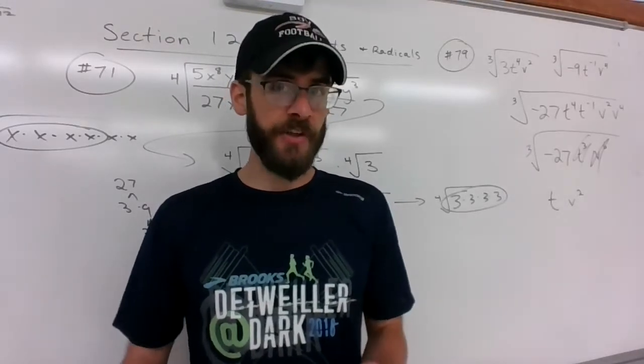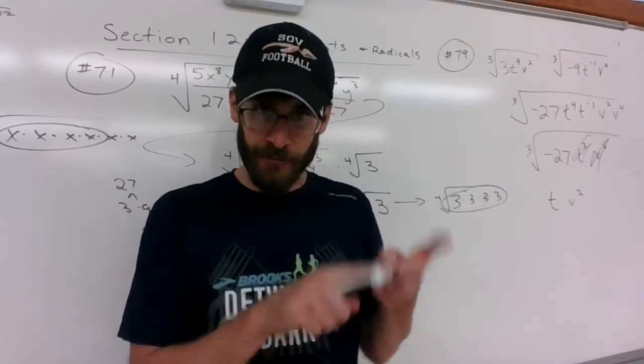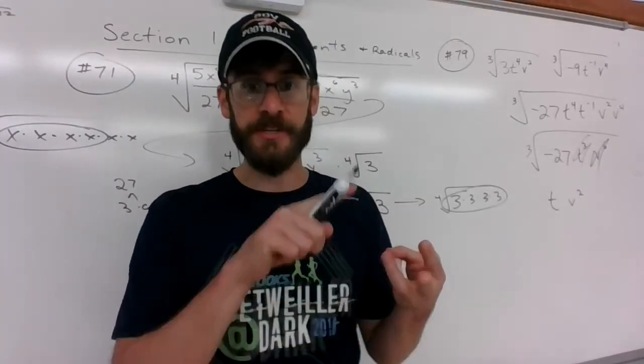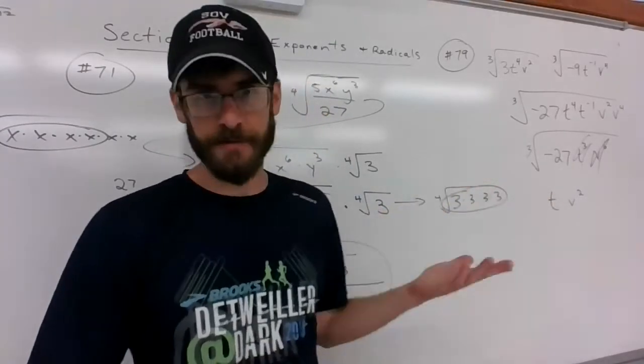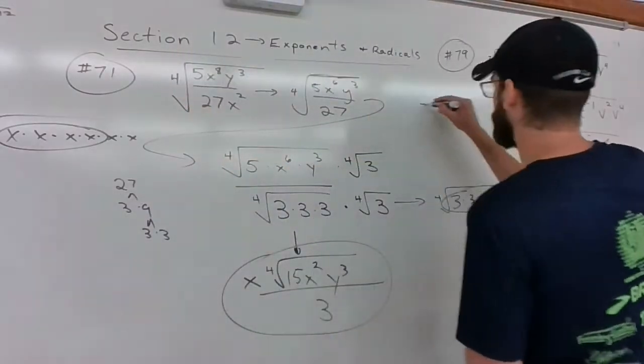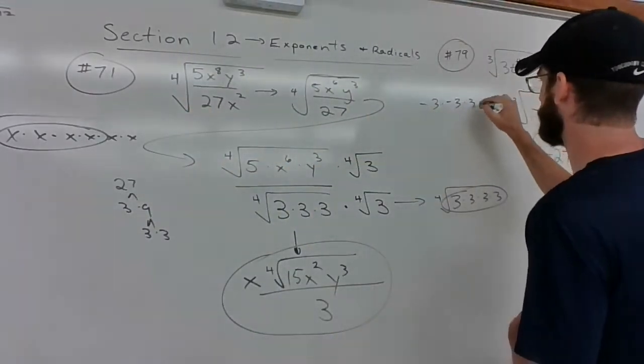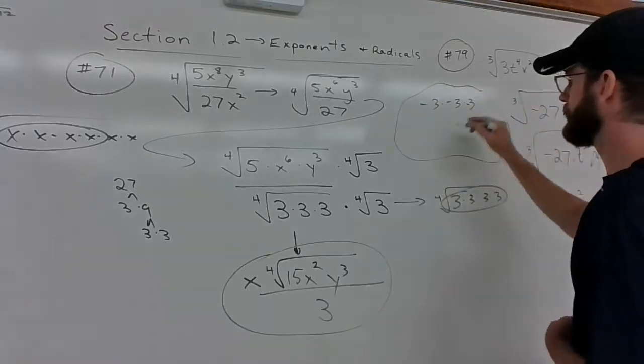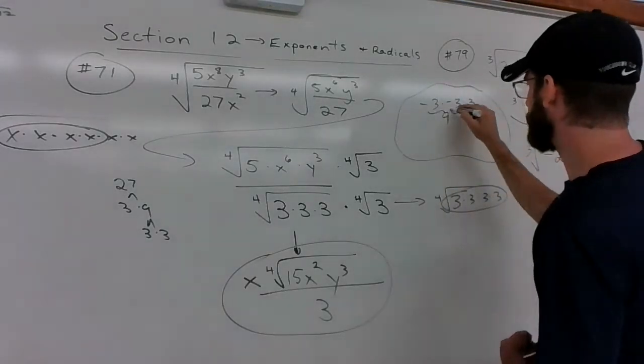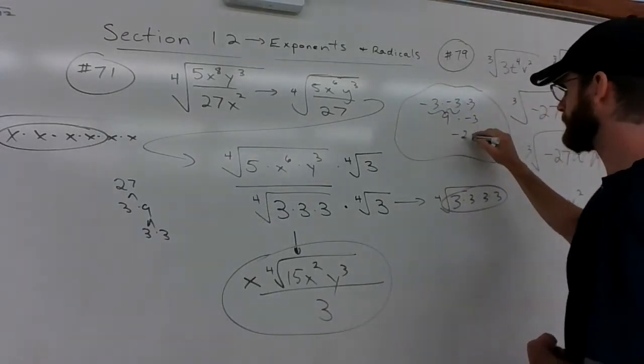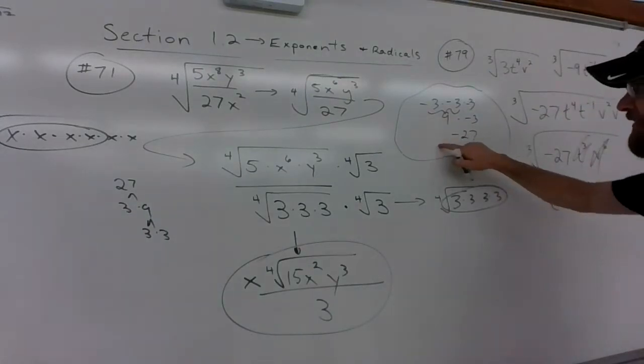But technically not with odd roots. You can take negative 3 times negative 3 times negative 3 to get negative 27. This is 9 times negative 3. So the cube root of negative 27 is negative 3.